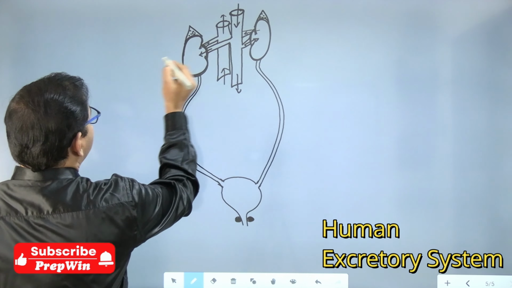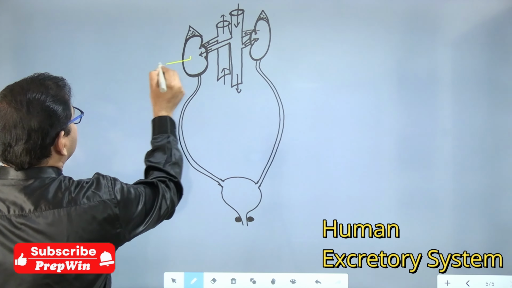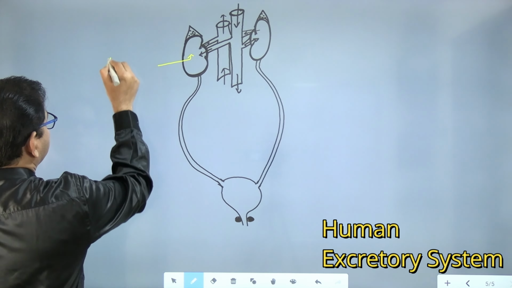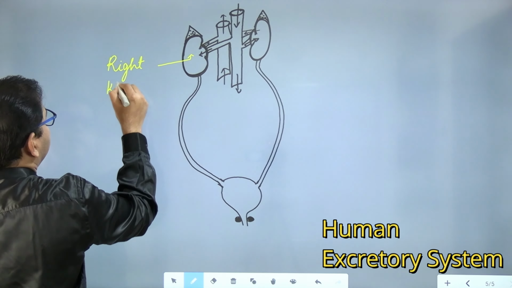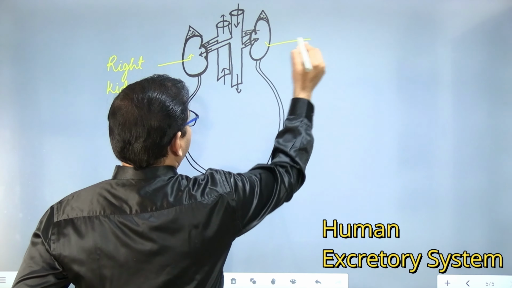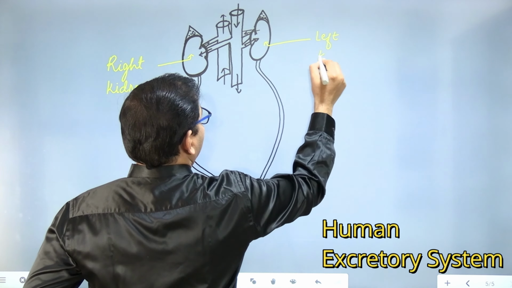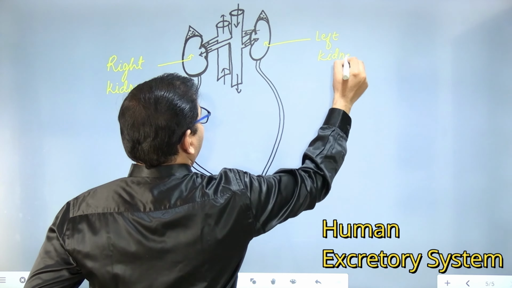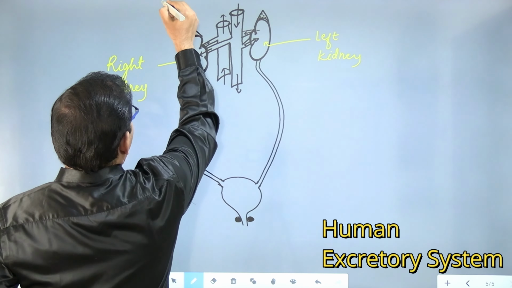This is my left side. So this kidney is the right kidney. Your left side will be the right kidney and your right side will be the left kidney. Where does this go?